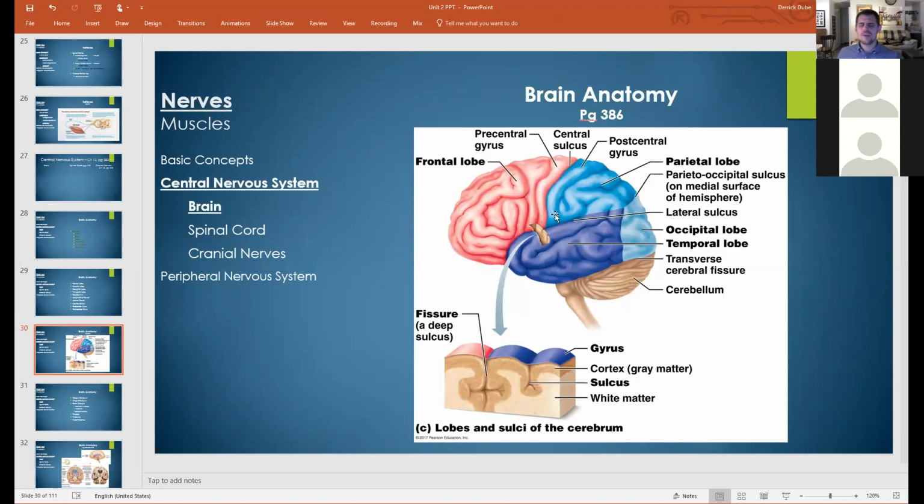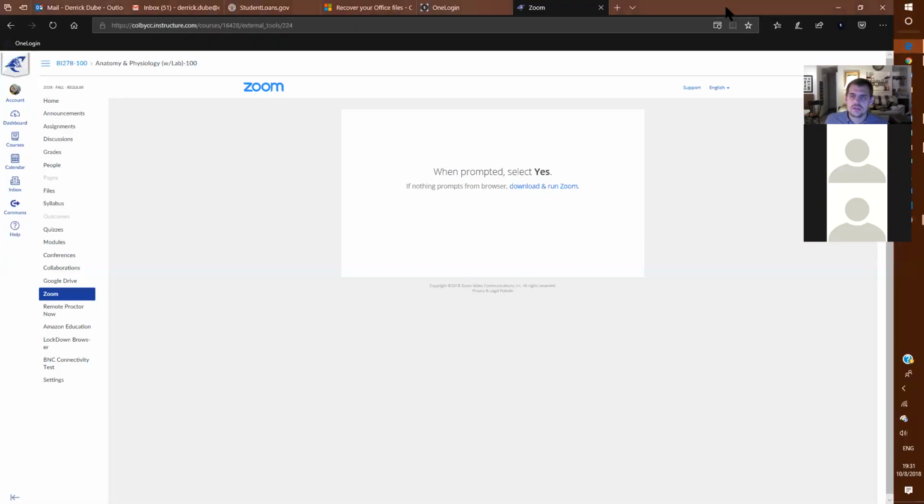And if you've ever heard of the brain homunculus, that little weird looking figure, let me go ahead and pull that up. So I'm going to stop share. Where have I got it? I'm going to share my main screen.